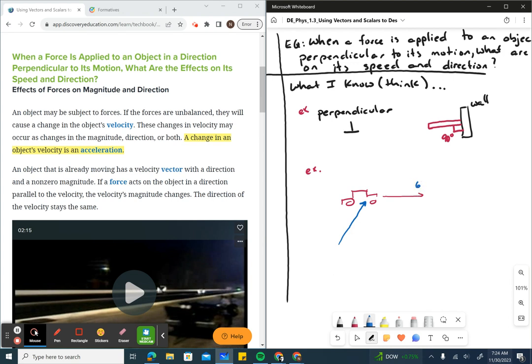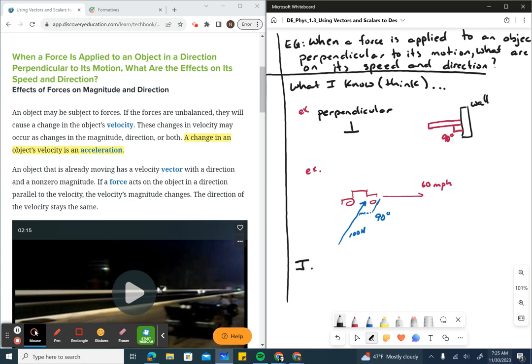Maybe the car is traveling 60 miles per hour, right? And you have another force that comes in and applies 100 newtons. What's going to happen to the car? How is it going to be affected? Will it change direction, right? And again, we're probably trying to show this three-dimensionally. This is a 90-degree angle, perpendicular.